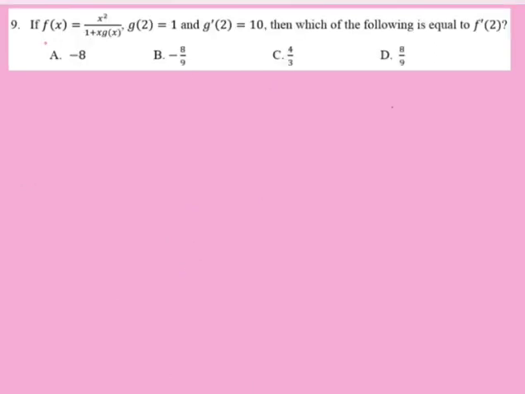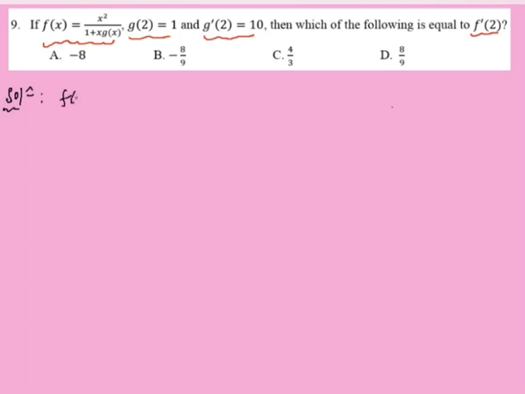If f of x is given as x squared over 1 plus x times g of x, g of 2 is 1, g derivative of 2 is 10. Then what is f derivative at 2? Here we need to calculate first the derivative.